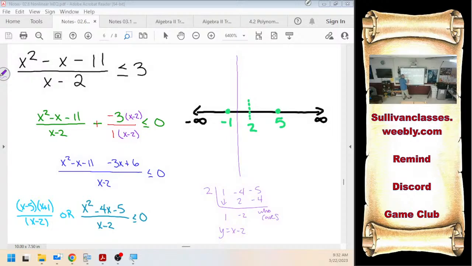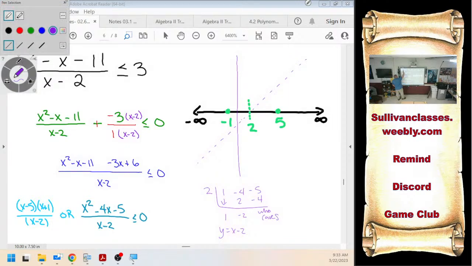So it's going to be 2, 1, -1, 2, 2, 3. I might do this. Doesn't mean you have to.